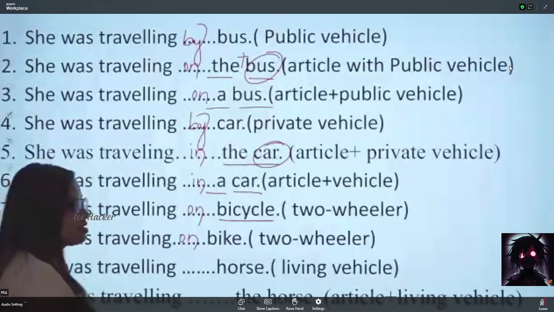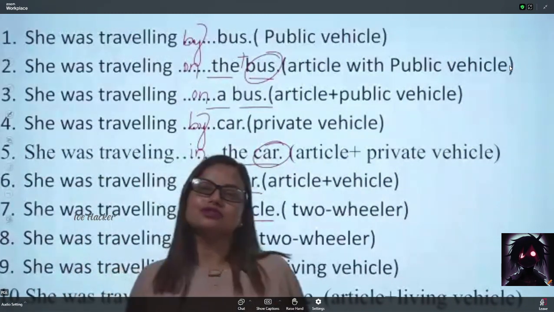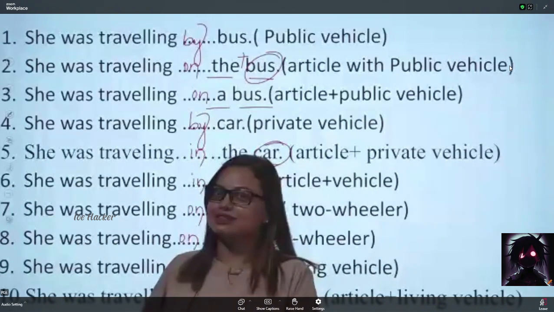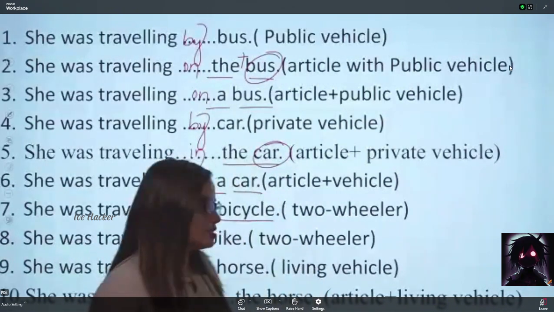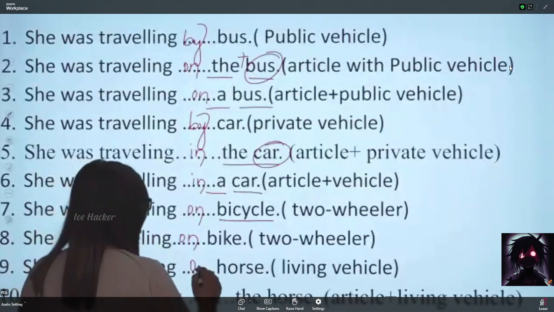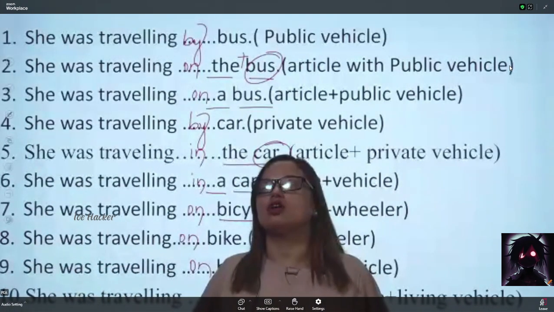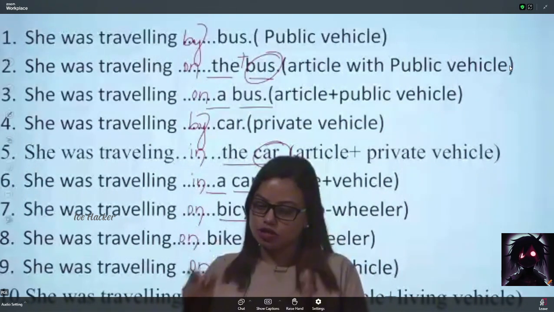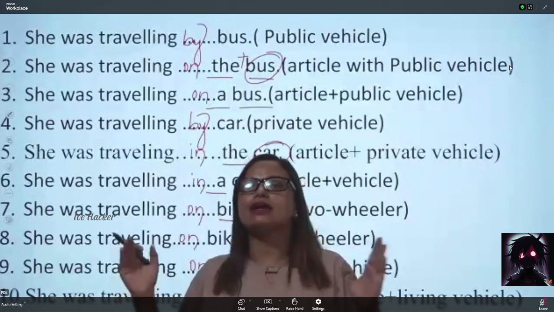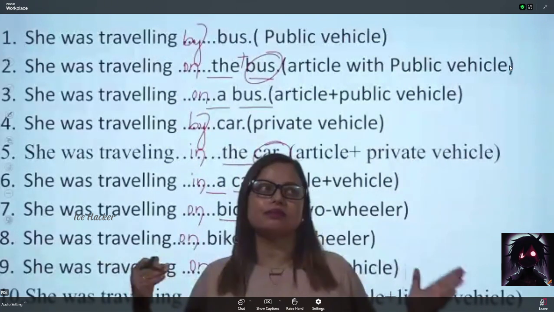That's why horse is also a means of transportation till date. That's why you have to go for on. Either your living means of transportation comes with an article or not, it doesn't matter. This is just like bike and bicycle.